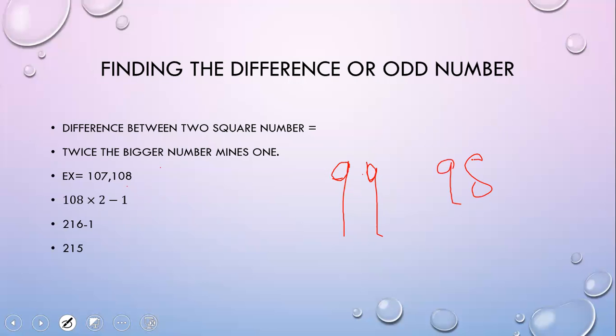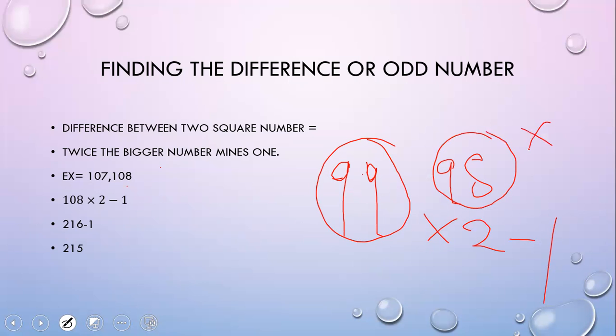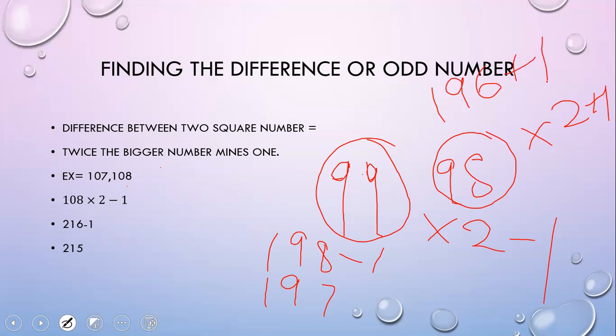It's always the bigger number into 2 minus 1, or the smaller number into 2 plus 1. So difference between these two will be 99 into 2, which is 198 minus 1. So it's 197. And 98 into 2 is 196 plus 1. So it's 197. Both cases give me the same answer.